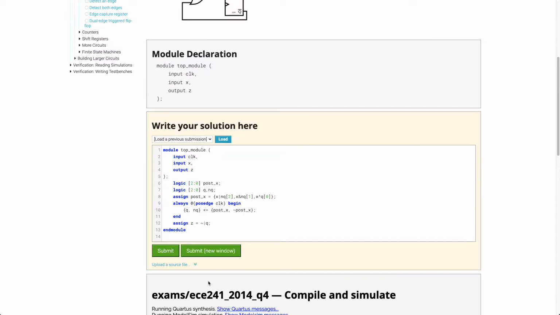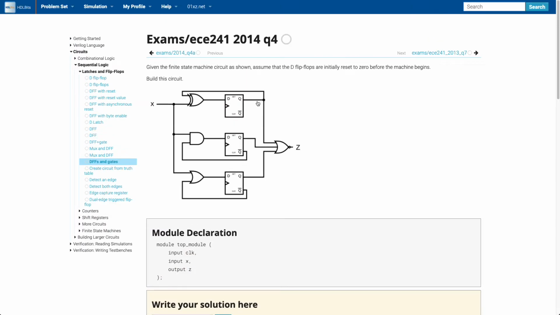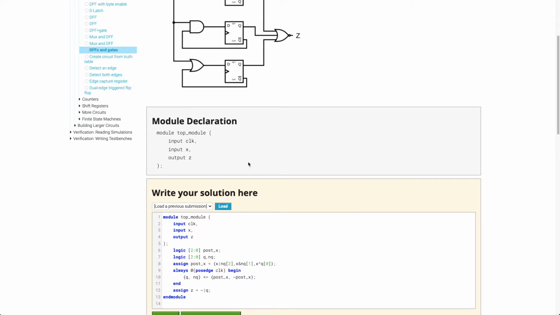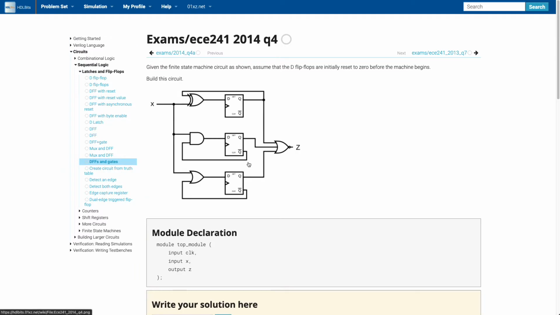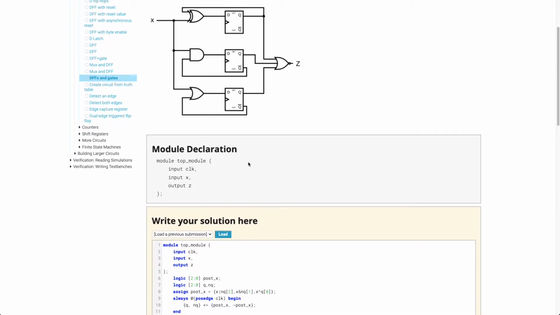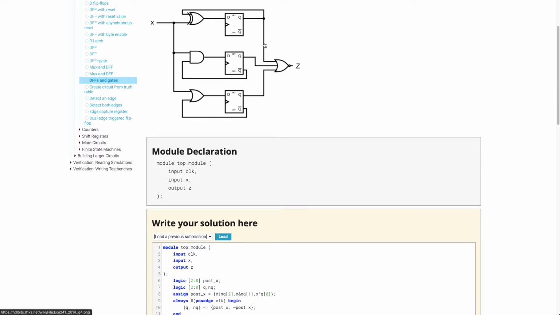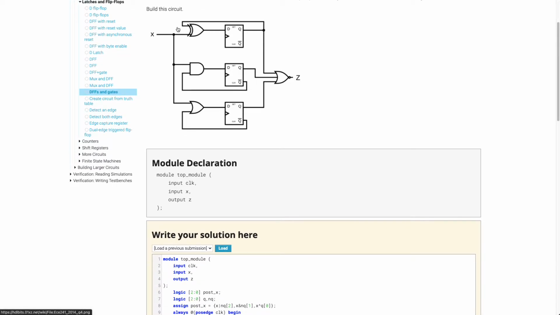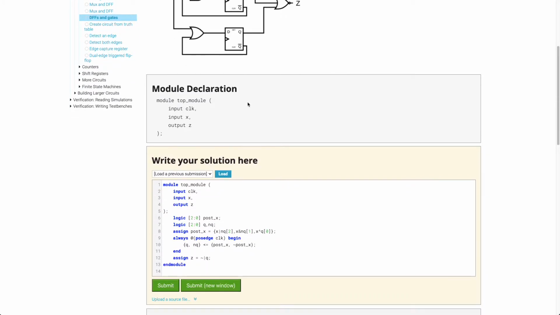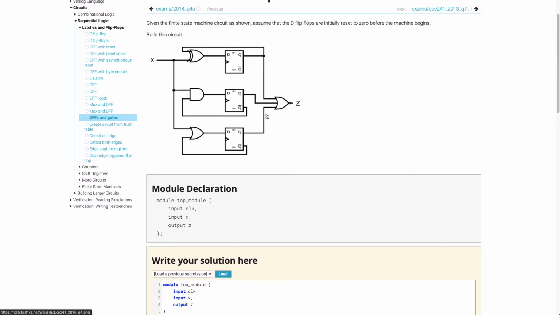Zero should yield 0. I'm wondering how to reset this without a reset. So assuming this was 0, then this is 0. And this is 0. And this is 0.